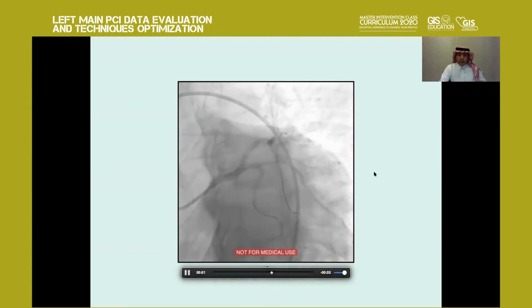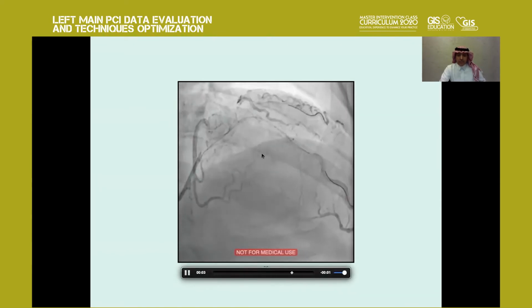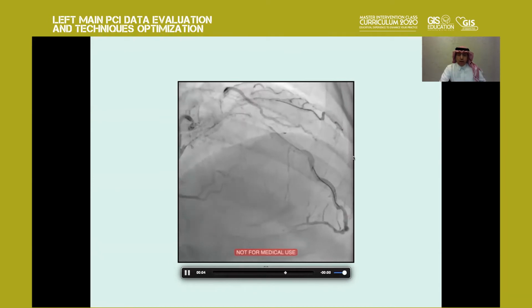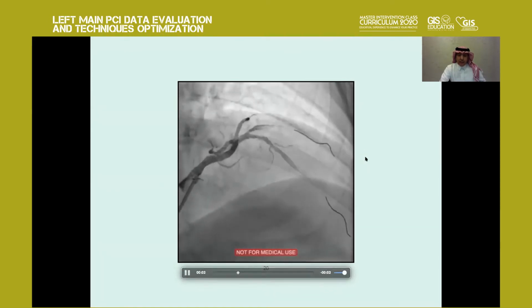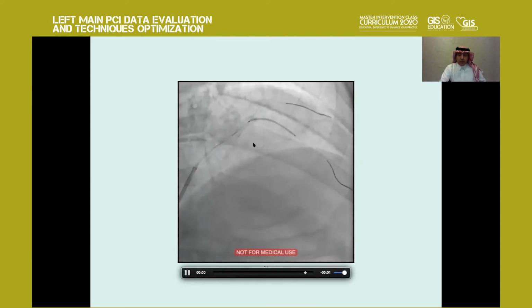I then exchanged my wire from the circ to the diagonal. And then again, direct stenting. I like direct stenting. And put a stent, which was, by the way, the stent in the left main was 4.5 by 18. I'm sorry, it's 4 by 18.